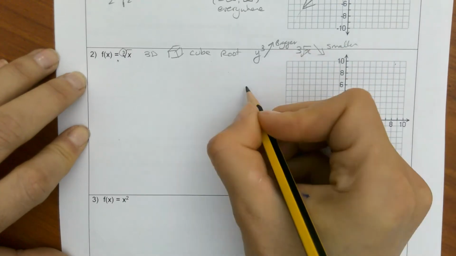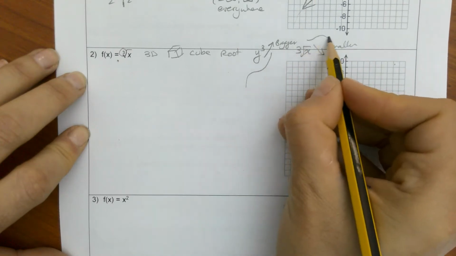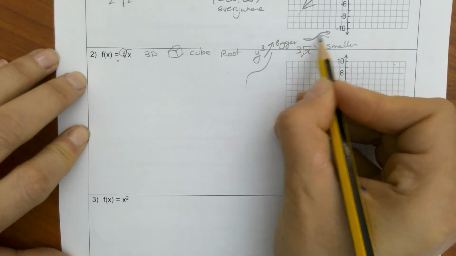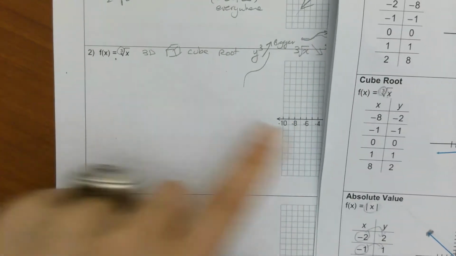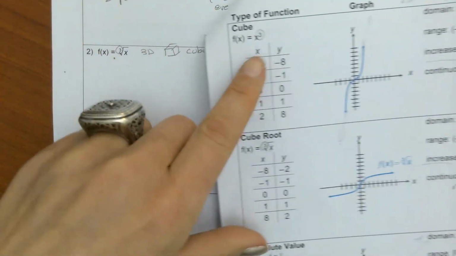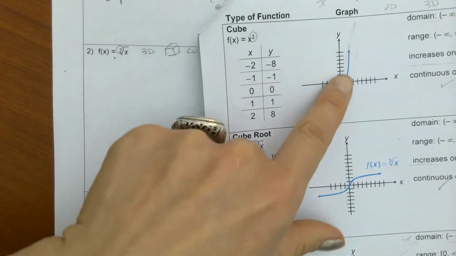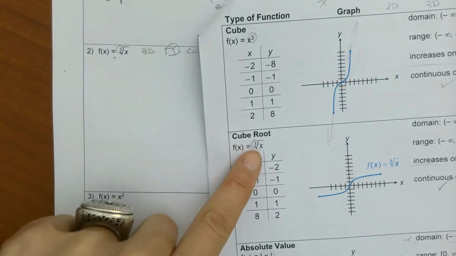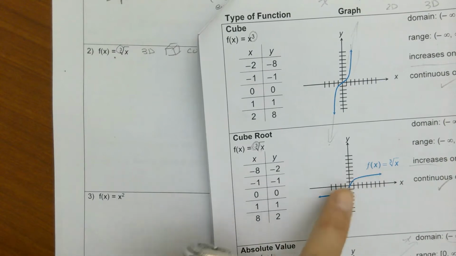Bigger means it goes whoop like this, and smaller means it's laying on its side. That's a bad picture. Let me show you out of the book. Here, x cubed reaches up because it's getting bigger fast. But if it's a cube root, it's like lazy, it's sleeping. So we know it looks like this.